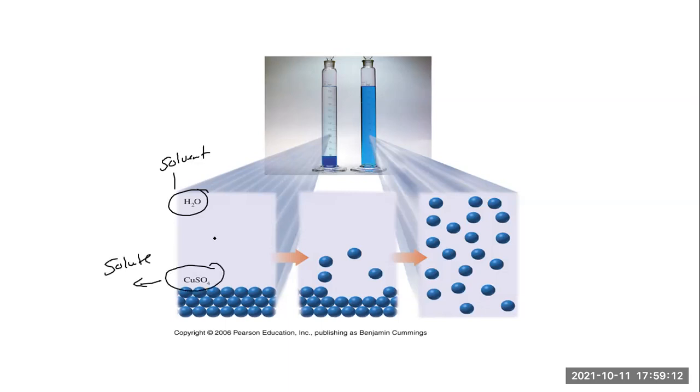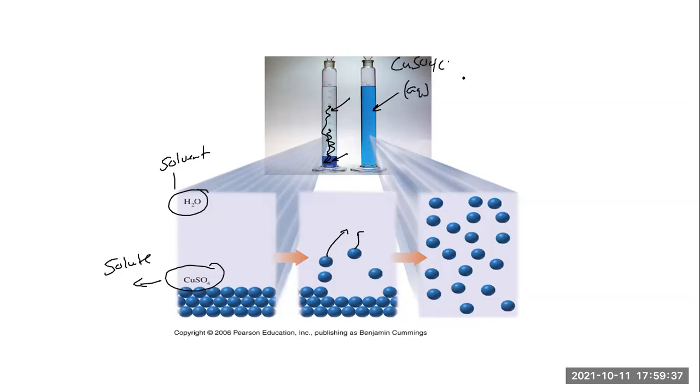And in this case, as we mix it, larger part, smaller part, we give it a mix, and basically we're going to get all these guys to dissolve. And in this solution, again, it looks the same throughout. We don't see any solid, it all looks like one layer. And that would be an aqueous solution of copper 2 sulfate.